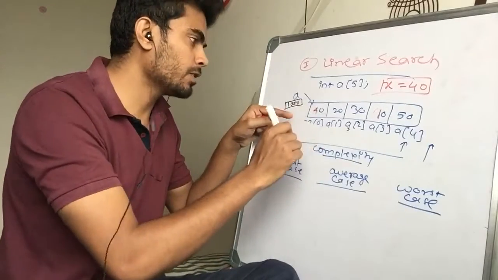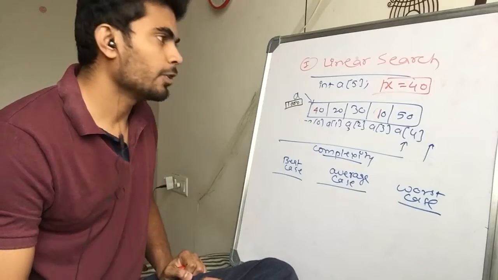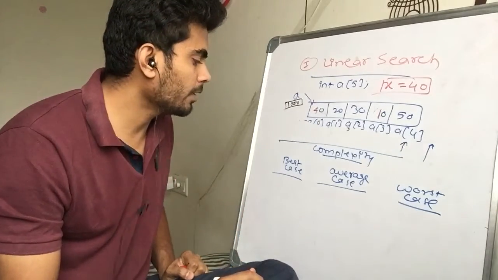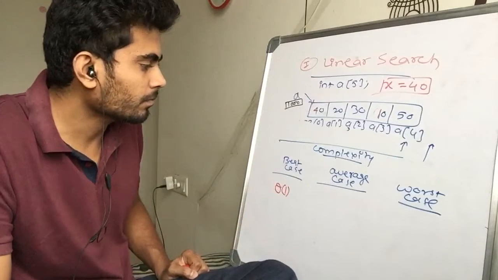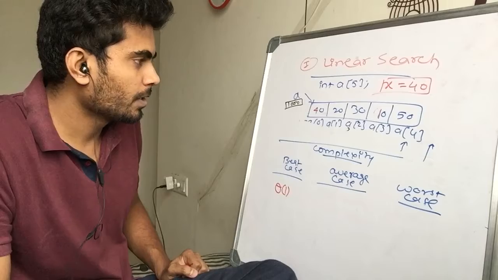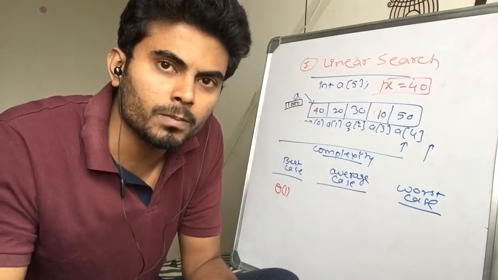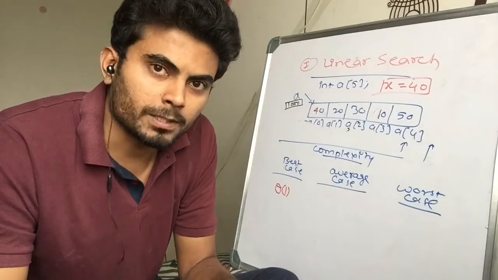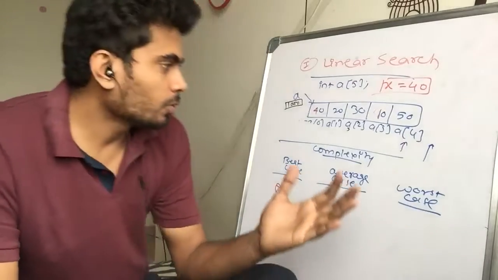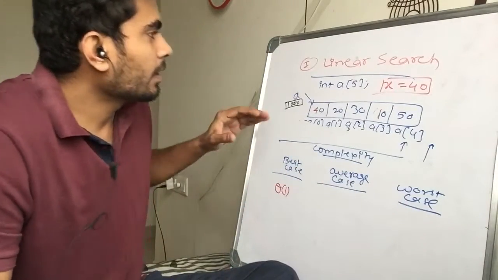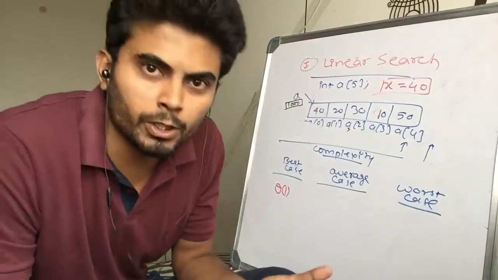So you are always coming to the first position of the array and comparing that element x with the first element, and you are getting the true result. So this is theta 1 for linear search. So best case means the minimum complexity. What is the best case that this algorithm can perform? That's the best this algorithm can do, right?